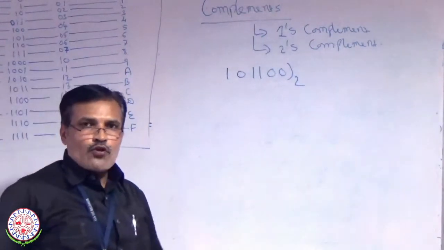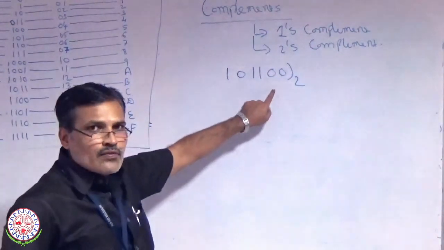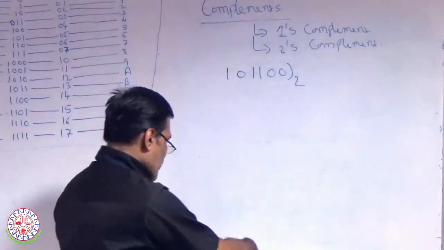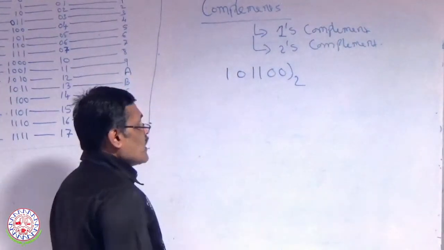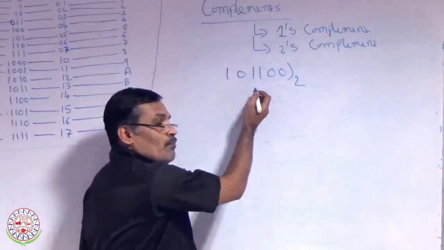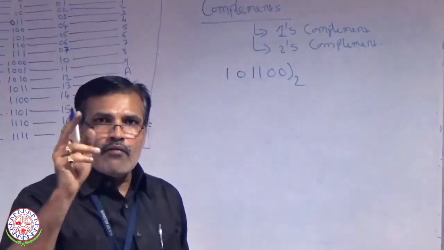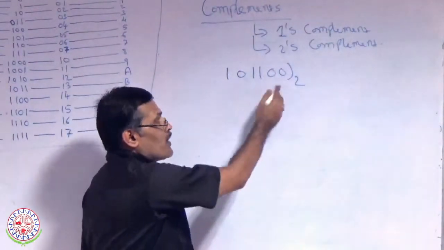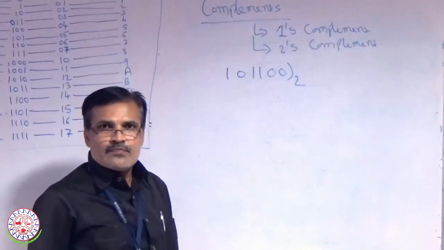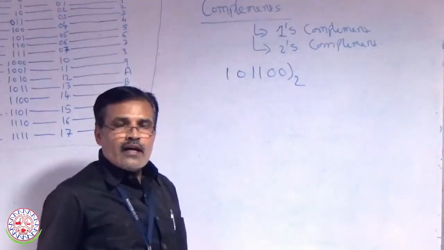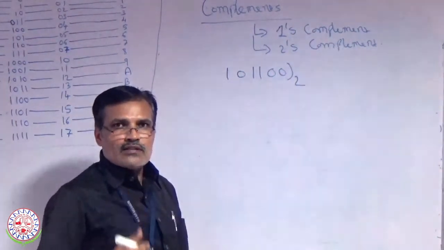You will be asked to find one's complement of this particular number. In that case, what you need to do is subtract the given binary number from the largest number available in this particular number of digits. And find the difference.